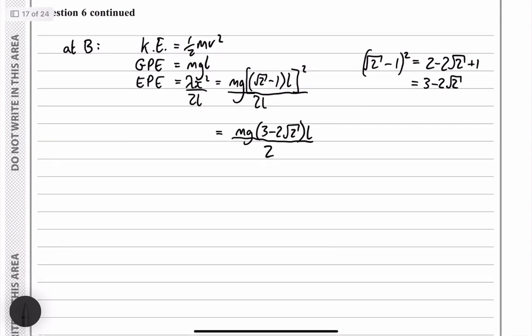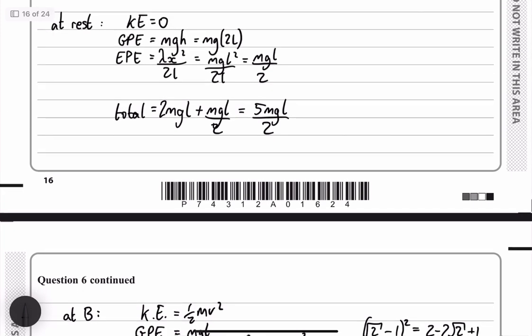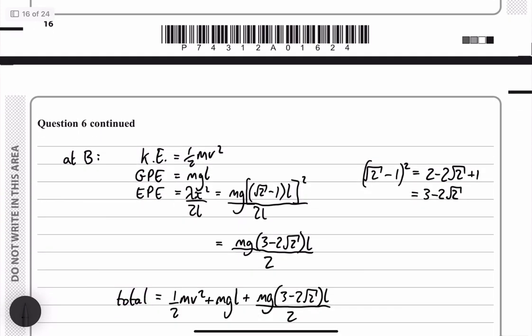So our total energy at B is given by a half mv squared plus mgL plus mg (3 minus 2 root 2) L over 2. And that must be the same amount as we had here, 5 over 2 mgL.